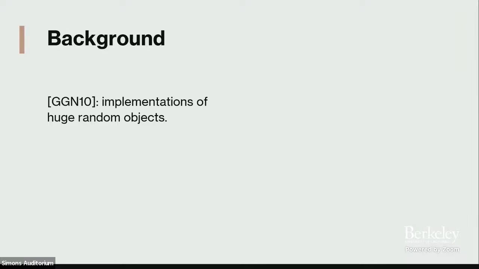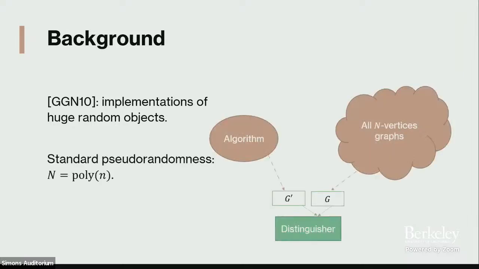But before I talk about huge random objects, I'm going to talk about the standard pseudorandom setting, in which we're trying to create an object that appears to be random. For example, we have an n-vertex graph, and we want an algorithm that uses less than n squared bits of randomness, but outputs a graph which seems to be random.